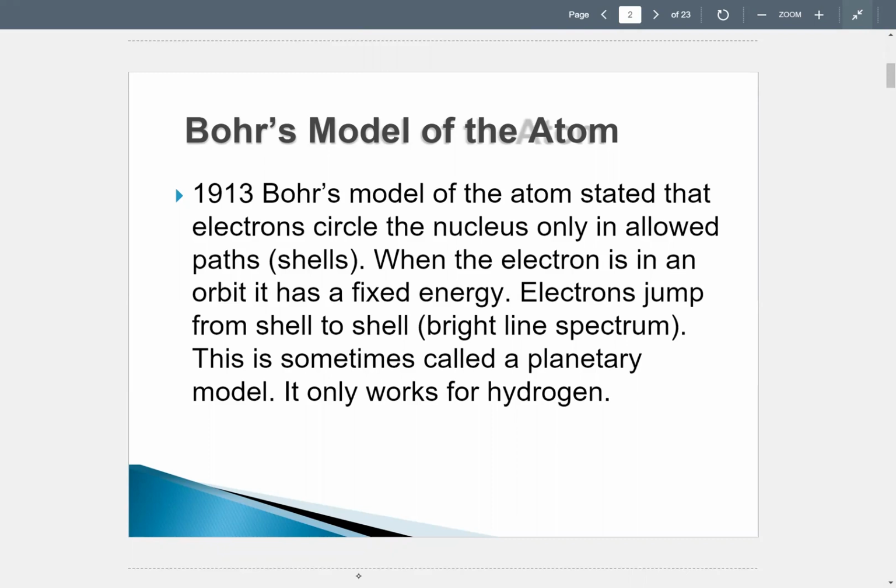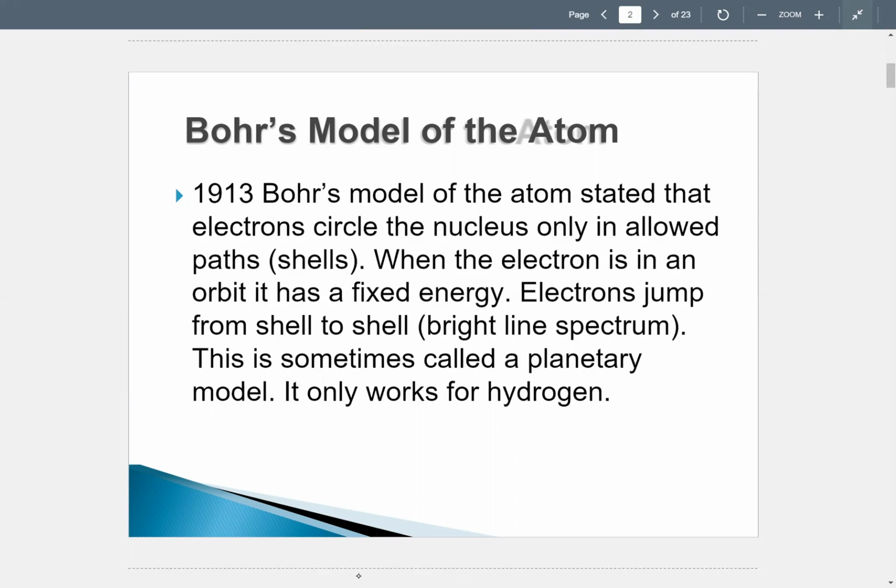So Bohr, having worked with the information provided by people like Rutherford, wanted to describe where the electrons were. And what he said is that each electron must be orbiting the nucleus like the planets orbit the sun.